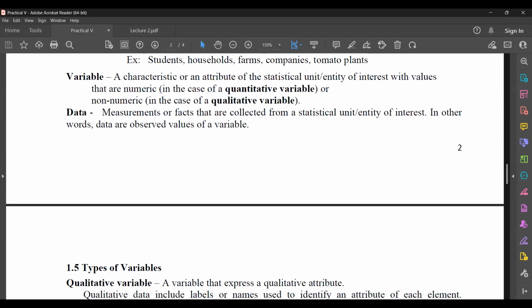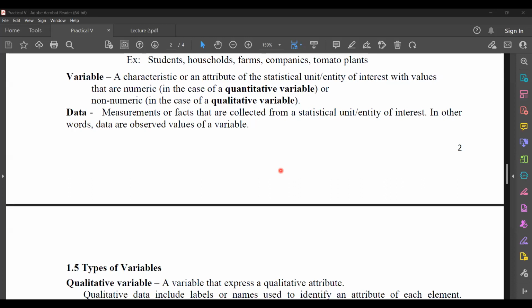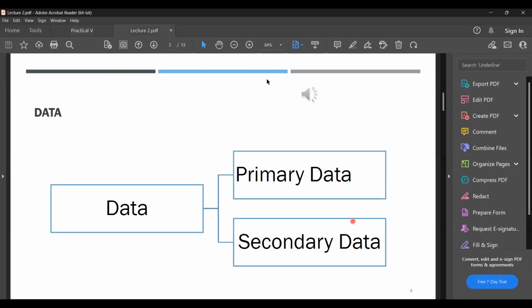If we consider a certain variable, the values, those are what we call data.